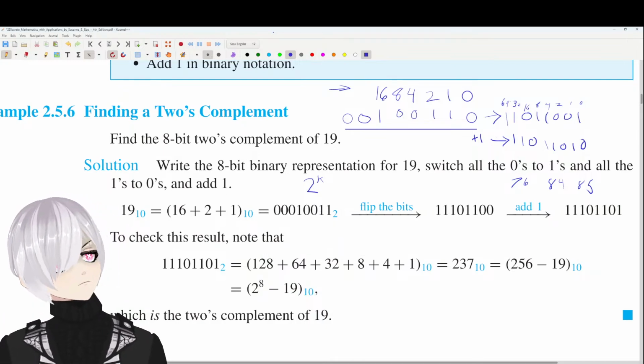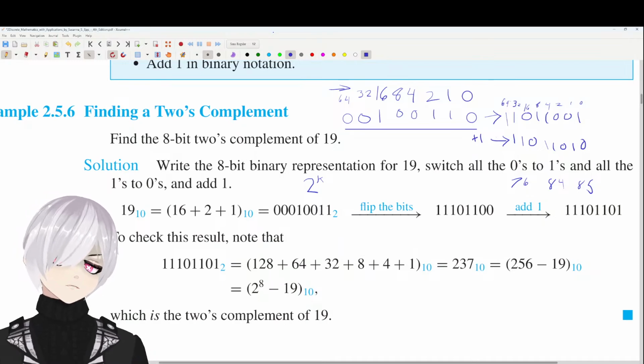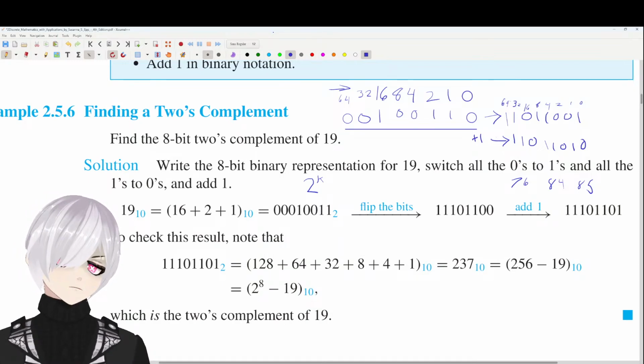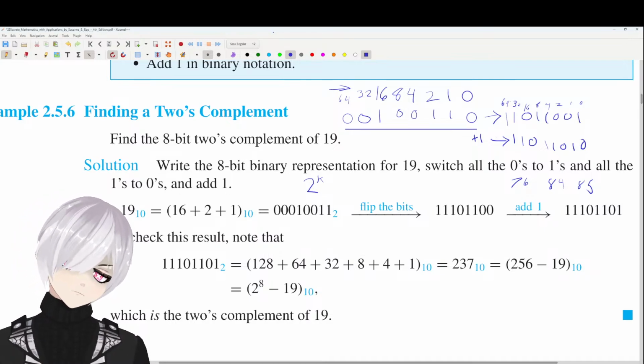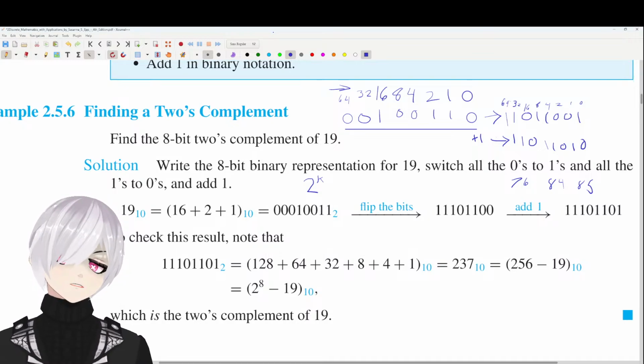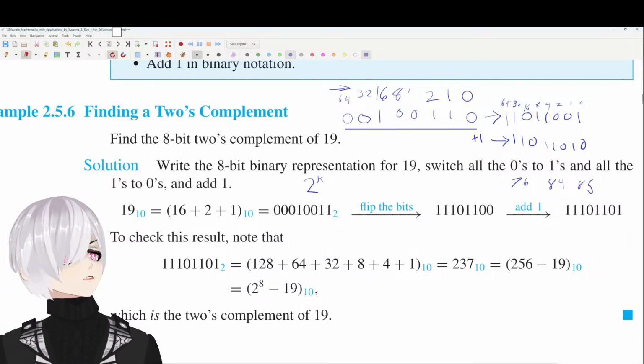Oh yeah, in that case everything would be shifted a little bit, because the numbers you have there are 2 raised to different powers. So 64 is 2 to the sixth, 32 is 2 to the fifth, 16 is 2 to the fourth, 8 is 2 cubed, 4 is 2 squared, 2 is 2 to the first, and 1 is 2 to the zero. So the zero column would just go away.